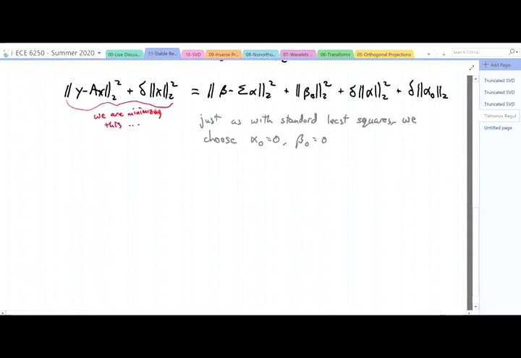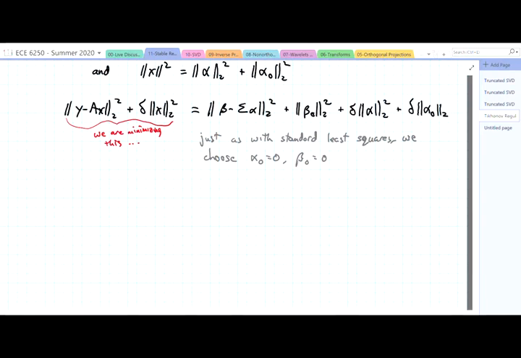So as a result, we're now going to get that expression above is just equal to beta minus sigma alpha squared plus delta alpha squared.